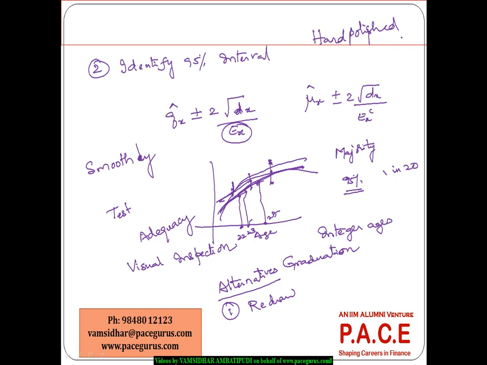Now that we know all three methods, the graphical, the standard table, as well as the parametric formula approach, I would like to do a comparative assessment across these three methods for performing the graduation. All right.